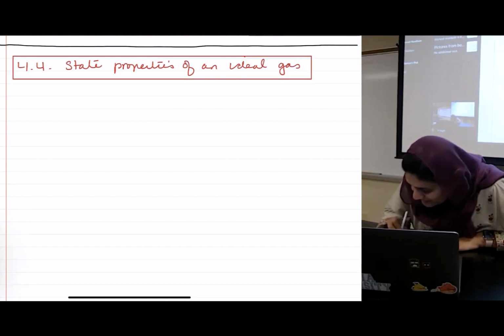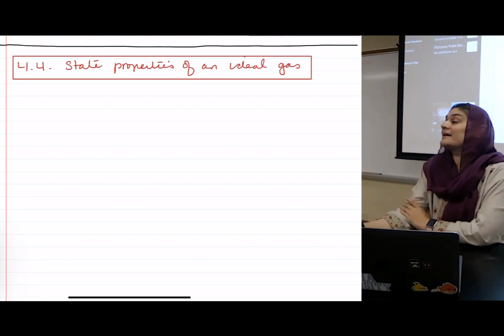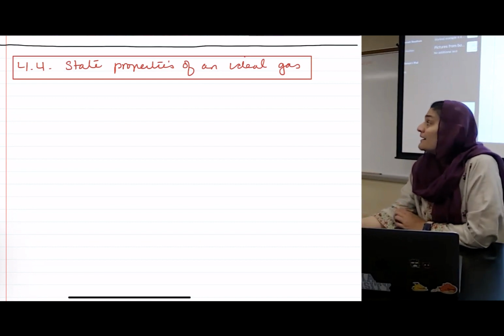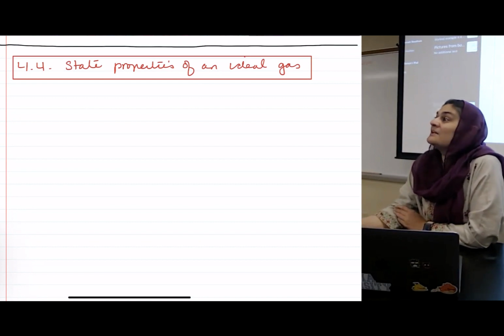So why are we spending so much time talking about ideal gases? Because, remember, it makes a physicist's life easy. When we talk about non-ideal gases, it's basically engineer's problems or chemist's problems.